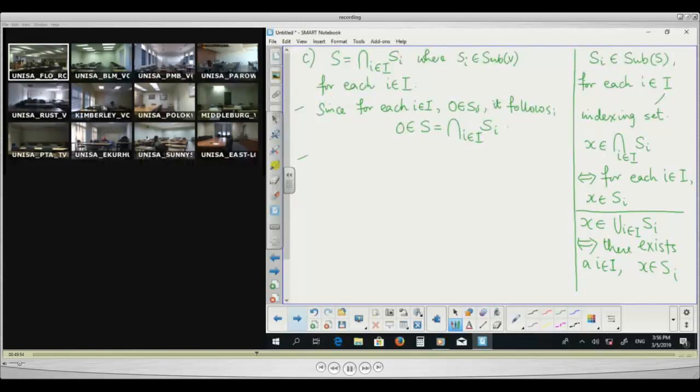Now let's take x and y, for each i, taken from S. That means it belongs to every S_i. So this means for each i, x plus lambda y is in S_i. Right?